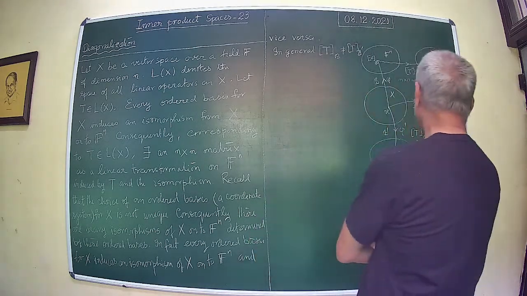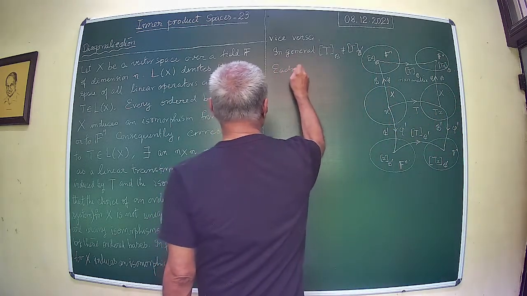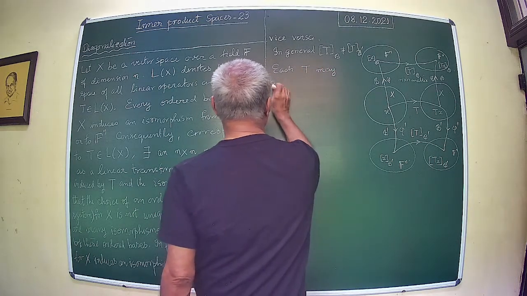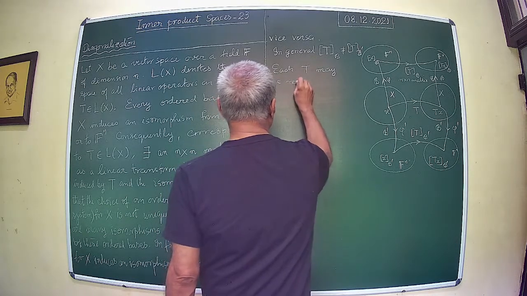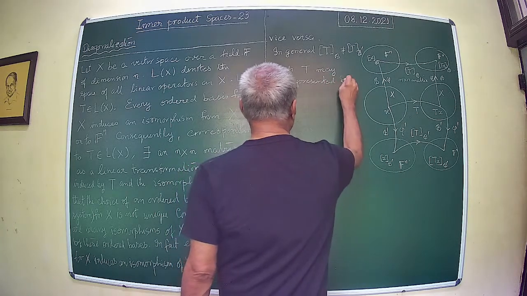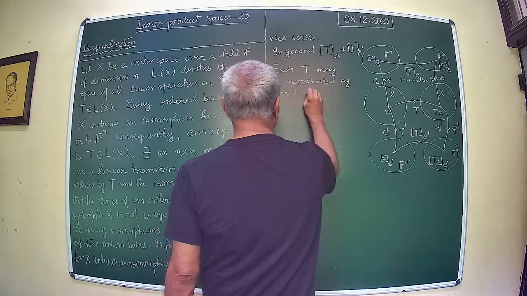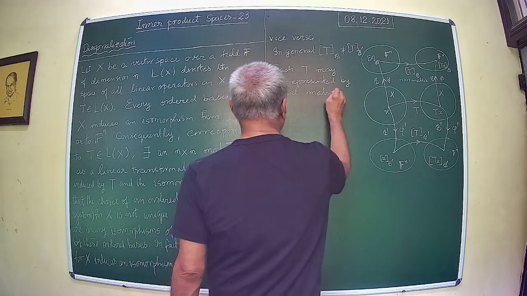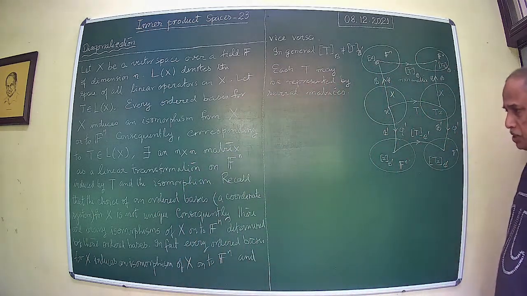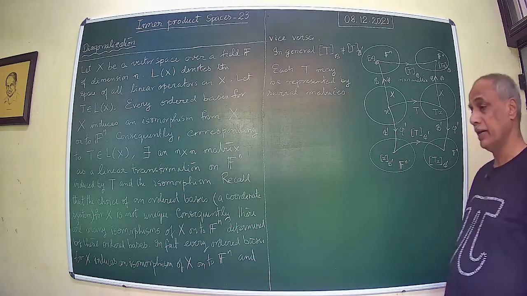And we have seen that it is not true that T can be represented by any n by n matrix.